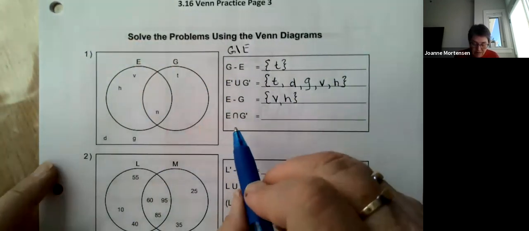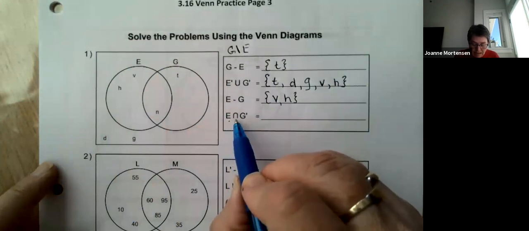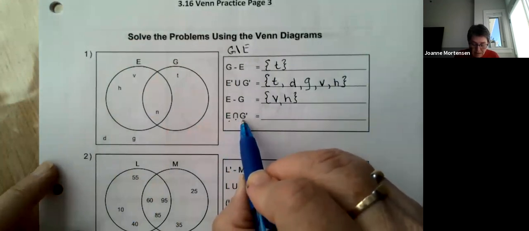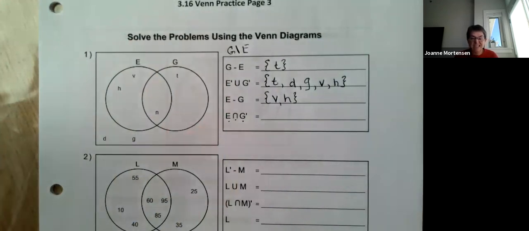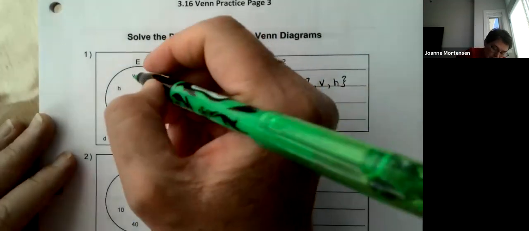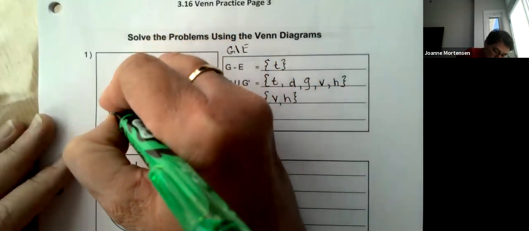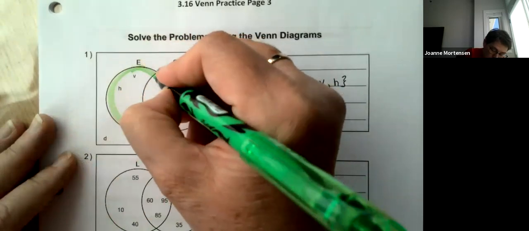Now, well, this one's going to be fun. E intersection G prime. Because it's the last question, I'll get my markers out. Intersections are usually harder.